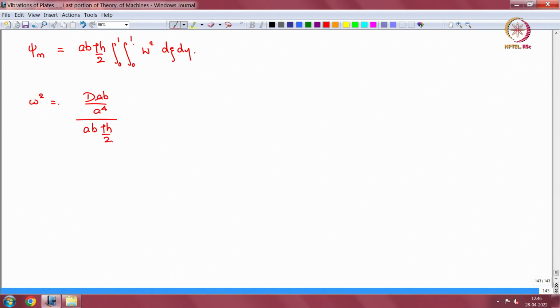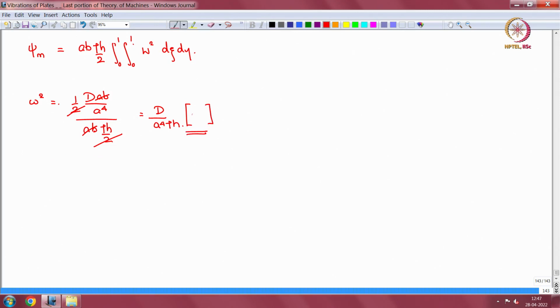So, if I cancel a b, and sorry, there is a half here also, so if I take out this 2 and that 2, I get D by a fourth rho h and the ratio of the remaining terms.